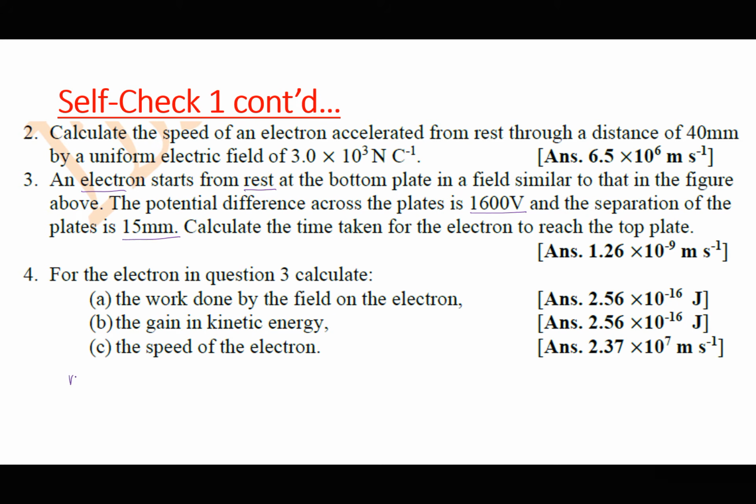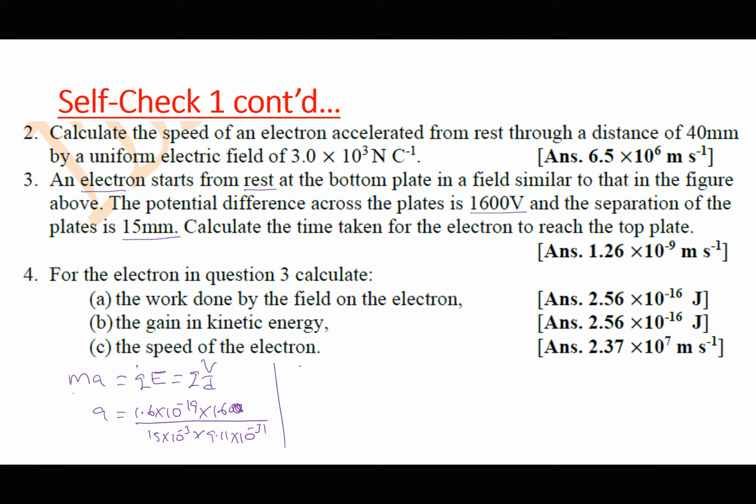From mass times acceleration equal to charge times electric field strength, which is charge times V over D, I am going to find the acceleration as Q, which is 1.6 times 10 power negative 19, times V, which is 1600, divide by D, which is 15 times 10 power negative 3, then divide by M, which is 9.11 times 10 power negative 31. This gives me the acceleration.